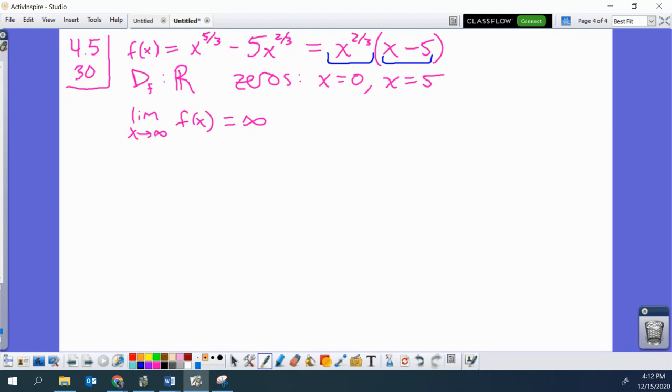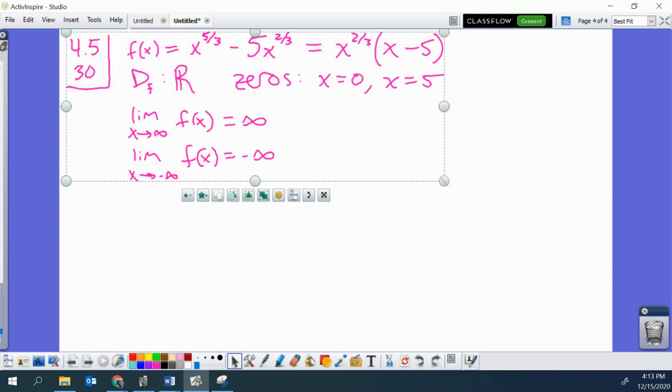If you want to look at it over here instead, this term will be positive, but then, with a negative in front of it, it'll also come out negative. And then, of course, the x to the 5/3 with odds on top and bottom, that will be negative. All right, so either way, the limit as x approaches negative infinity is negative infinity. So we know which direction this thing is kind of moving in as we go out to either end. It's a good start.